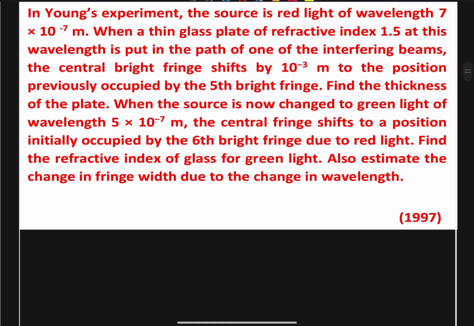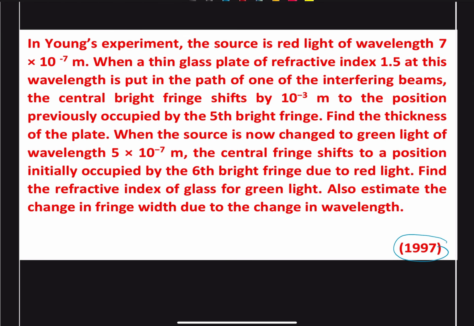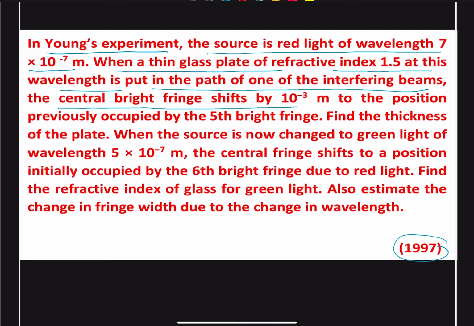It was also asked in the year 1997, and it states that in Young's experiment, the source is red light of wavelength 7 into 10 to the power minus 7 meters. When a thin glass plate of refractive index 1.5 at this wavelength is put in the path of one of the interfering beams, the central bright fringe shifts by 10 to the power minus 3 meter to the position previously occupied by the fifth bright fringe.